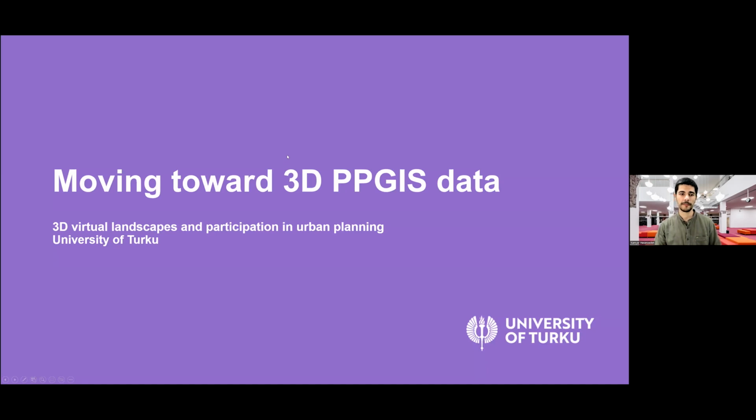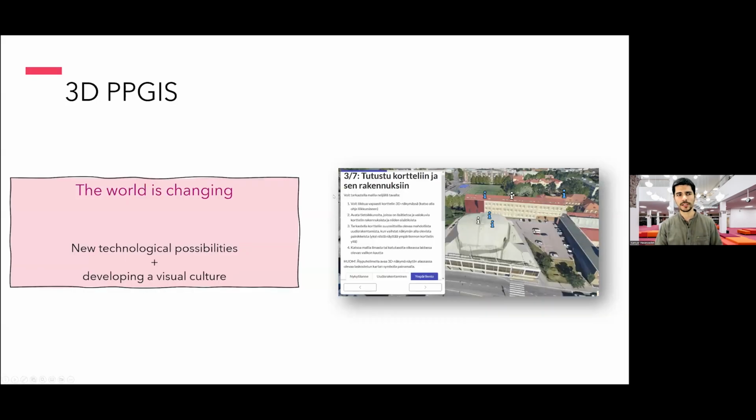I don't have so much time, so I will go quickly through 3D PPGIS, the topic that I was working on during my postdoc at the University of Turku. The idea is that the world is changing, there are new technological possibilities, and culturally, we are developing an increasing visual culture.